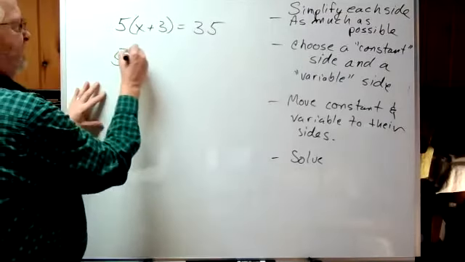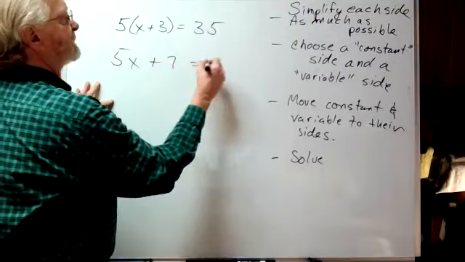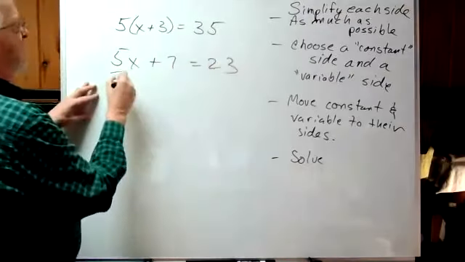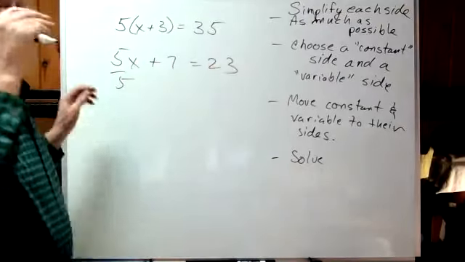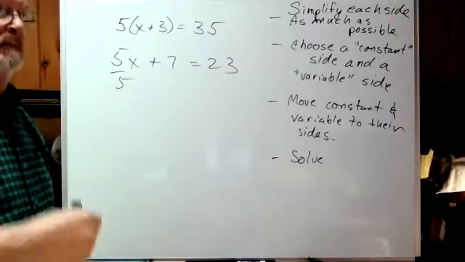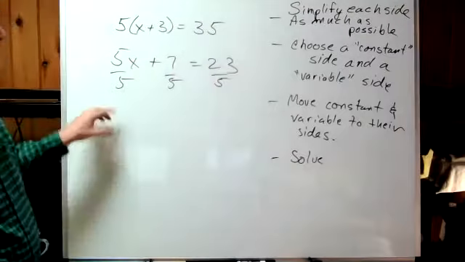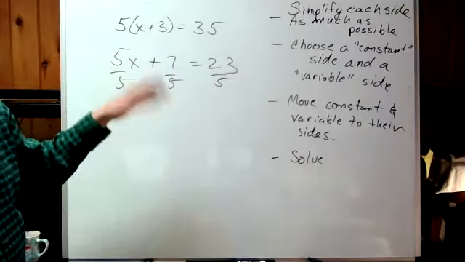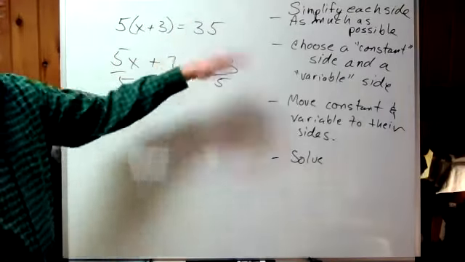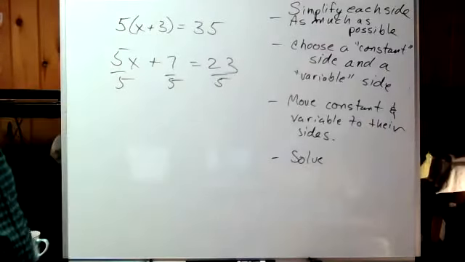That's not too hard. If I had multiple terms, right? If I had 5x plus 7 equals 23, I don't want to divide by 5 because I have to divide every term by 5. And I don't want that mess right now just to get 1x. I'll do that at the end. That's why I'm saying move the constant usually first and divide at the end.